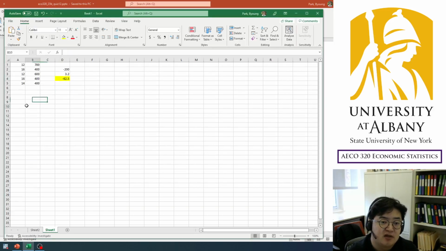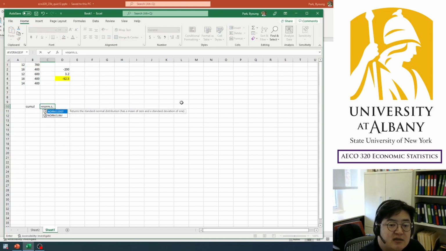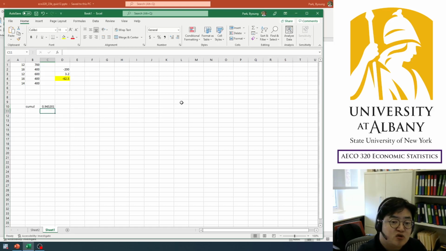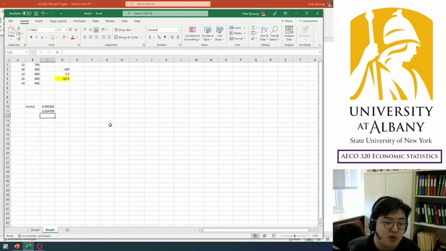So let's try that. The cumulative probability is NORM.S.DIST of 1.6, TRUE. So the cumulative probability is the probability of being smaller than 1.6. But what we want is greater than 1.6. That is this number, right?